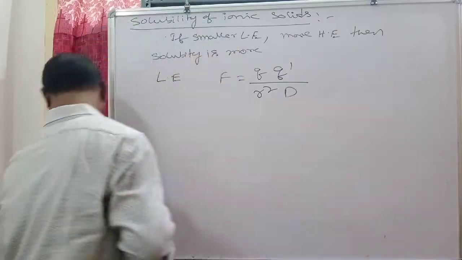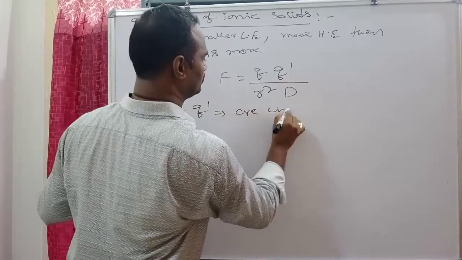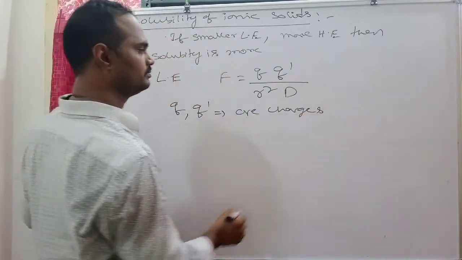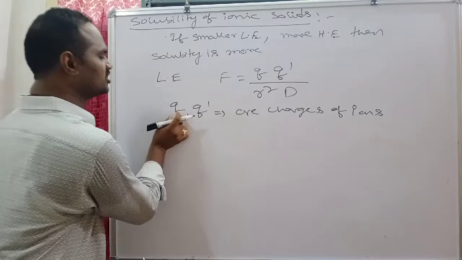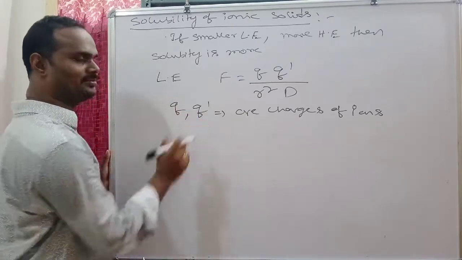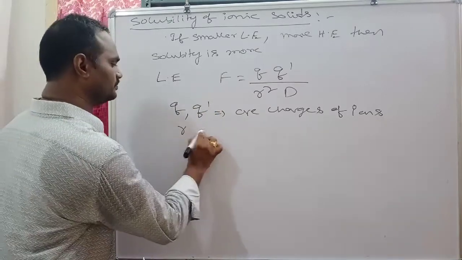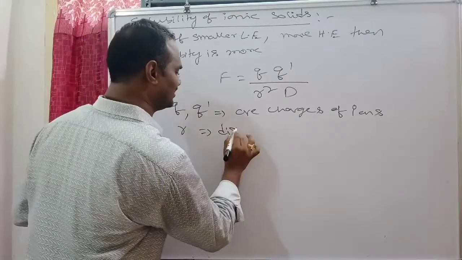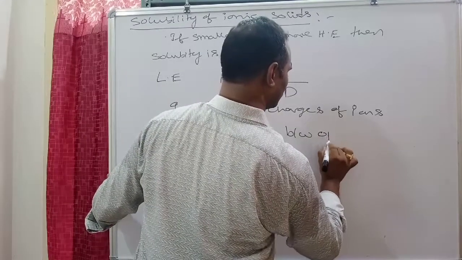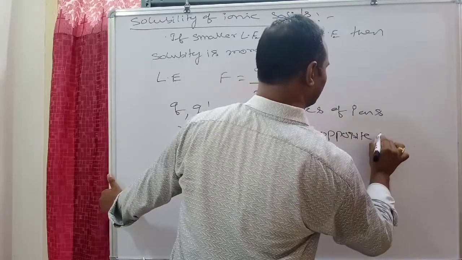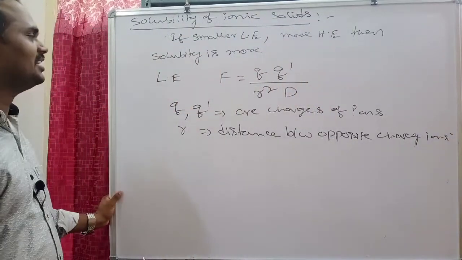Here capital D. What are the terms here? Q and Q dash are the charges of the ions, the charges on the opposite charged ions. Suppose it is a positive ion, then the other is the negative ion charge, and vice versa. R is the distance between the opposite charged ions.